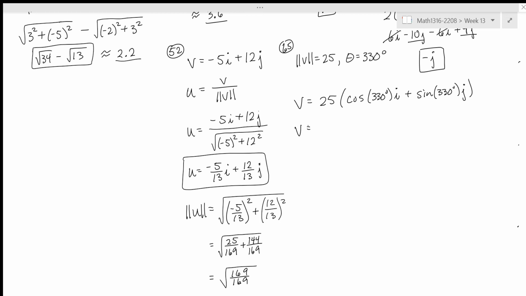The unit circle is still in effect. Does anybody know what the x-coordinate at 330 degrees is? And what about the y-coordinate at 330 degrees?